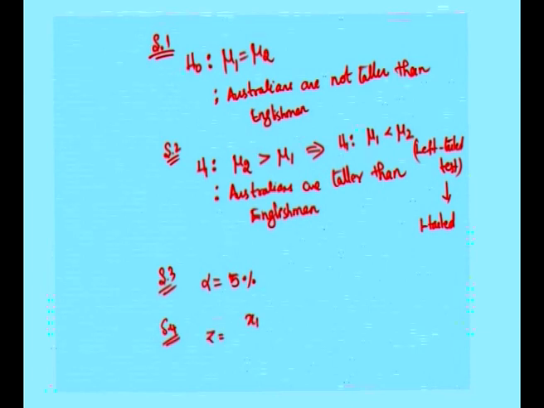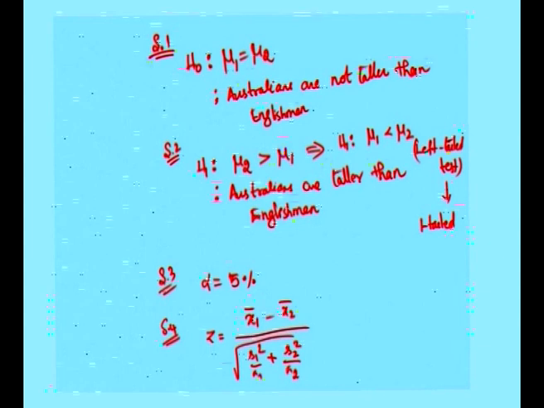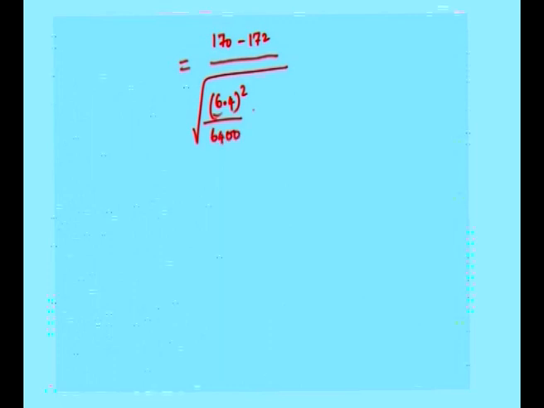Z is equal to x1 bar minus x2 bar divided by root of S1 square by N1 plus S2 square by N2. We will substitute all the values written there. X1 bar is 170 minus 172 divided by root of 6.4 whole square by 6400 plus 6.3 whole square by 1600.